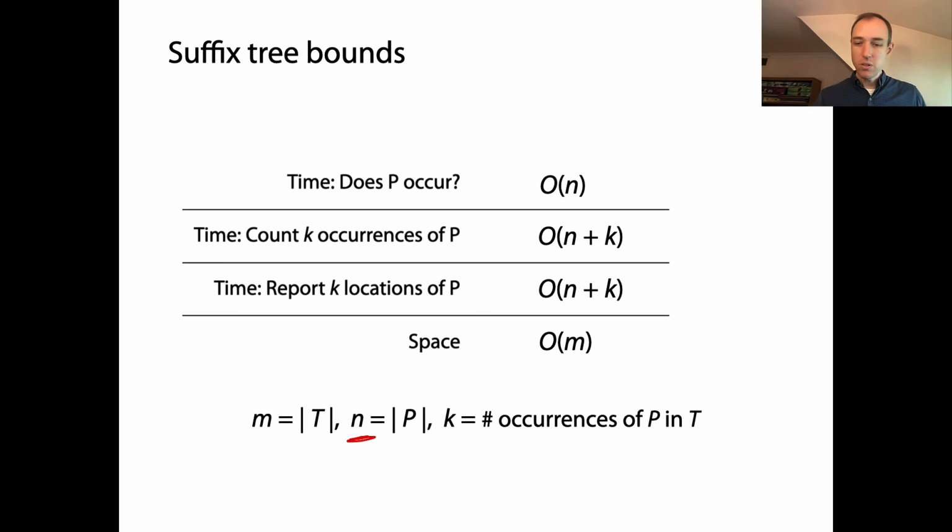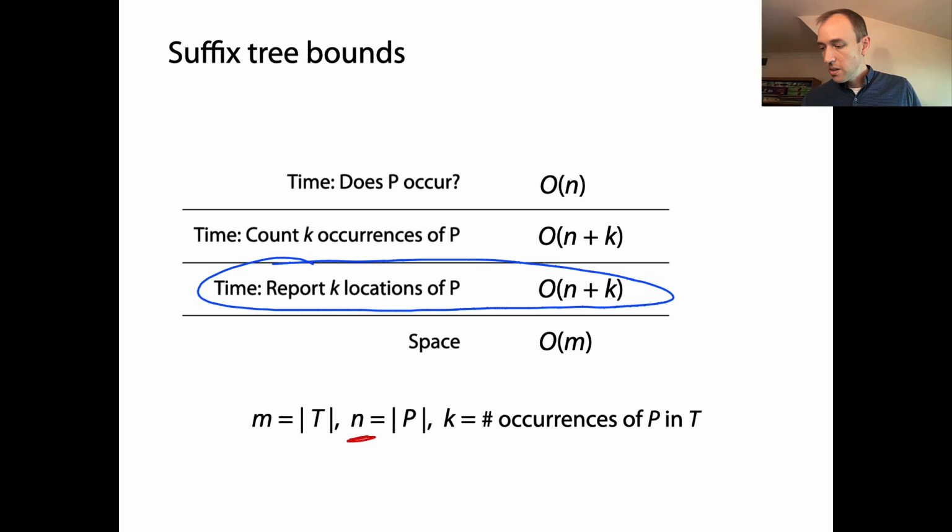Now take note, especially of this line here, because reporting k occurrences of P in big O of n plus k time is good. I just want to point this out, right?